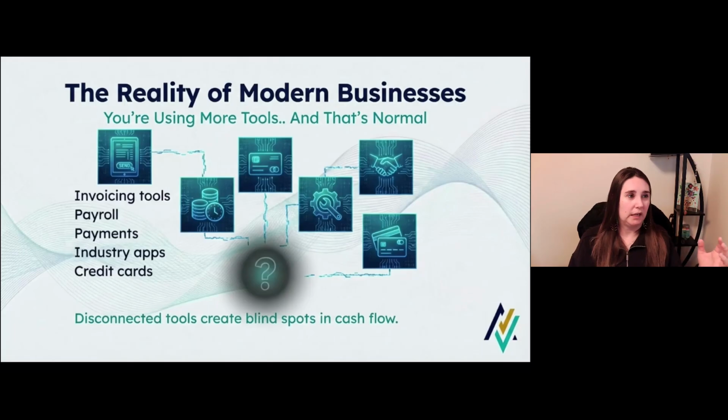You could be using a payroll system, which is a lot of times the heaviest piece of your expenses in a business, and that may not be talking to your QuickBooks. And perhaps you're using a CRM that integrates with your invoicing, and so those items are within this thing, but they're not talking to each other.